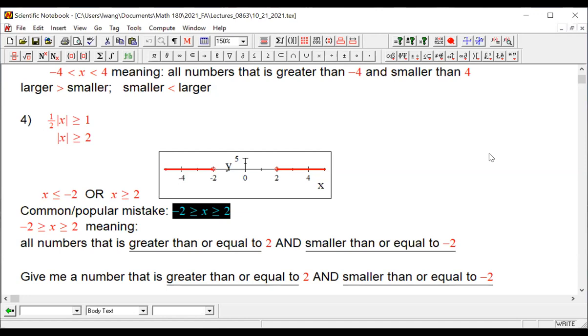This is a rampant, terrible, horrible, extremely bad mistake that shows the student has no understanding of meaning, no understanding of inequality, the meanings of the signs. Tragic, tragic.